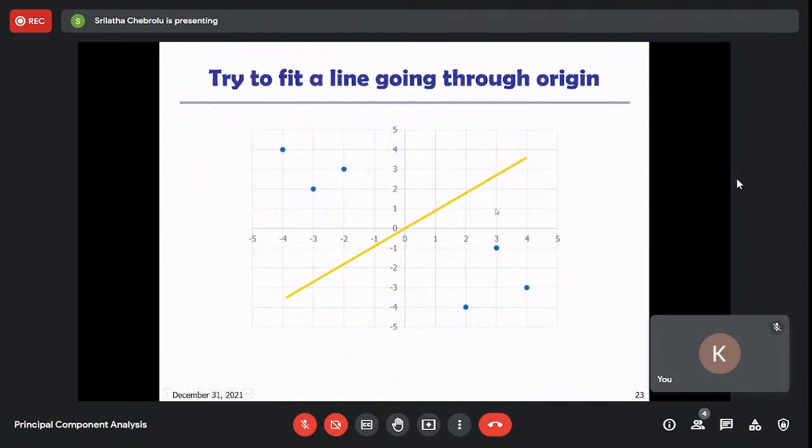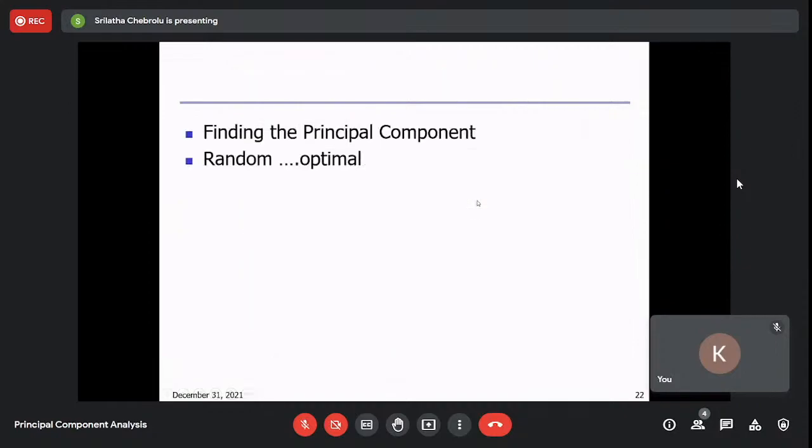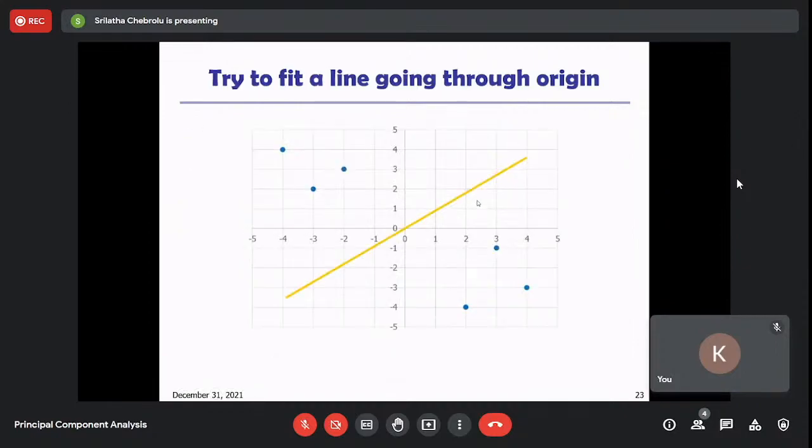So what we have to do is, try to fit a line going through the origin. This line has to pass through the origin, and we are starting with a random line. So what is principal component? This line itself is the principal component.